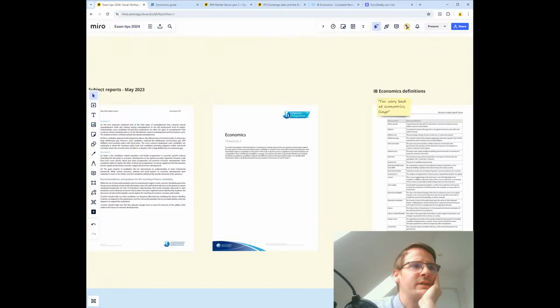Is it bad to write definitions for the 50 marker? No, I didn't say that it's bad. I just said that your intro shouldn't be a list of definitions, okay? Obviously, you would need to explain things that the question is asking about, and those explanations will most likely be partially at least definitions.